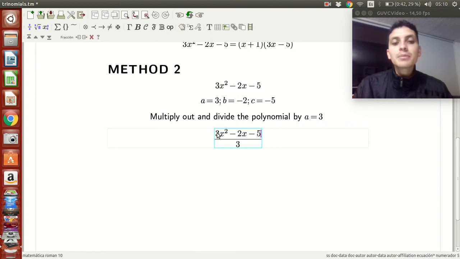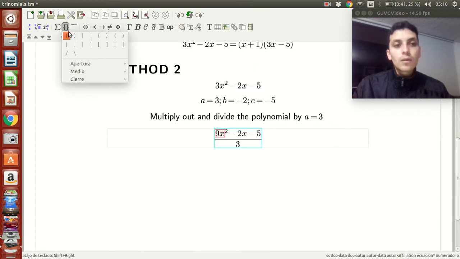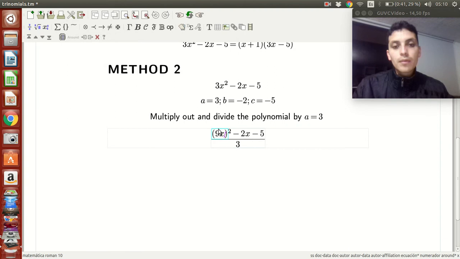3x squared times 3 will be 9x squared, but we can write it as 3x everything to the second power. We have the first term to the second power, minus negative 2 times 3x.